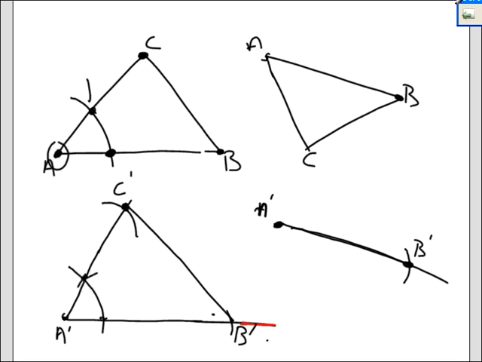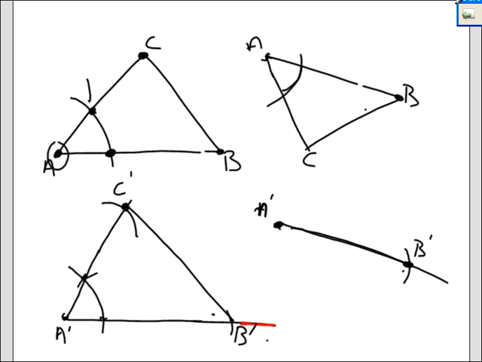Now, I want to copy this angle. Of course, I can copy angle B, and if I drew BC the right length, then I have my triangle. But let us draw angle A. So basically, you put your compass at A, and you draw a little arc.